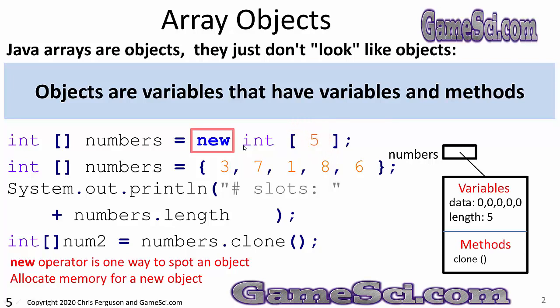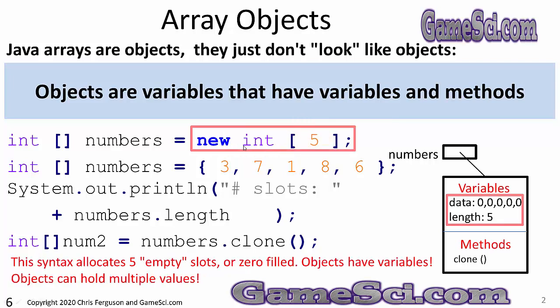And you can see when I do that, it goes ahead and with this syntax allocates 5 empty slots, or 0-filled slots. Objects have variables. Objects can hold multiple variables. And we are obviously storing 5 pieces of data, at least, in this object. See those 5 zeros? With this syntax, it will allocate 5 integers, and they will be 0-filled.